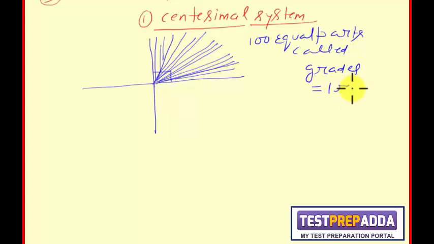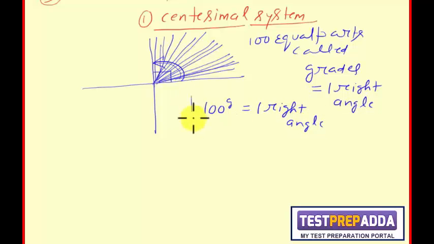This is one right angle. So if we provide this much of rotation, we say this as 100 grades. So 100 grades means one right angle.